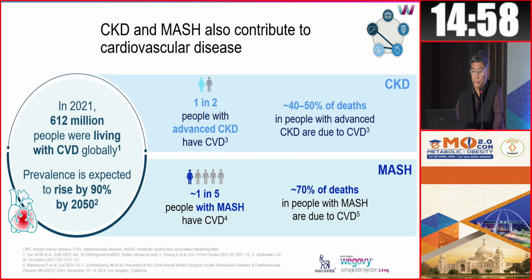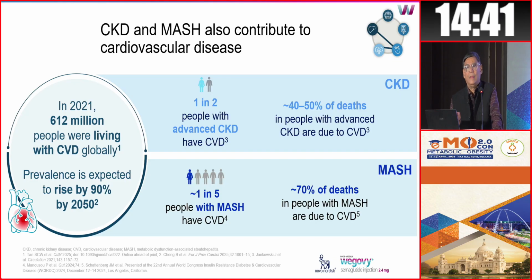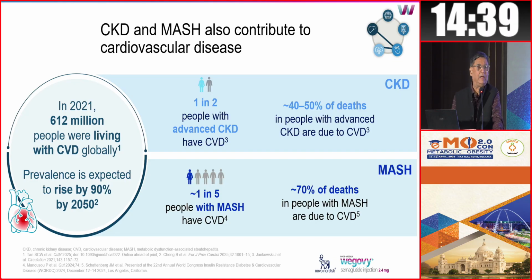So, if you look at CKD and MASH, then again you find the same problem. In a CKD patient, before he dies due to a renal cause, he will probably die due to a cardiovascular event. If you look at MASH, why is fatty liver or MASLD a cause of cardiac disease?